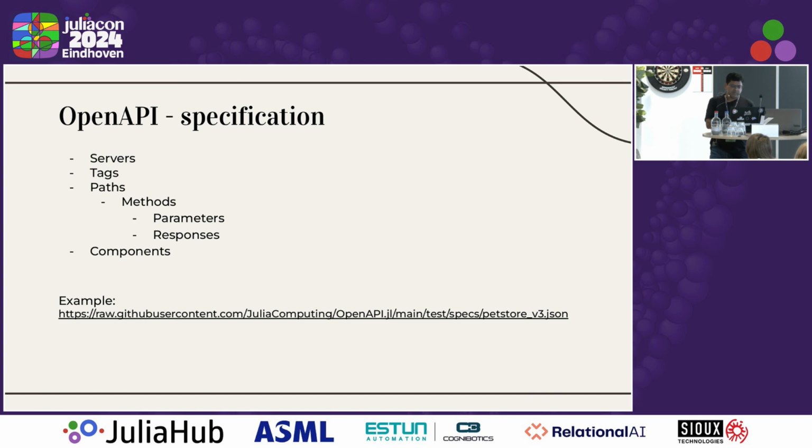APIs are basically paths, the resource path, and the methods that act on it. The methods may take parameters, and they have responses. And it lets us create components out of the parameters and responses and methods, so that we can reuse them as modules. So we shall see some more details.